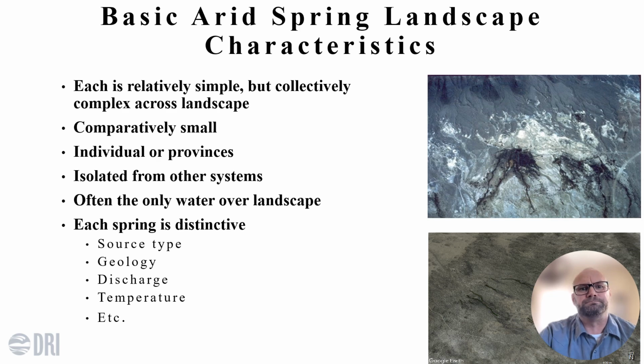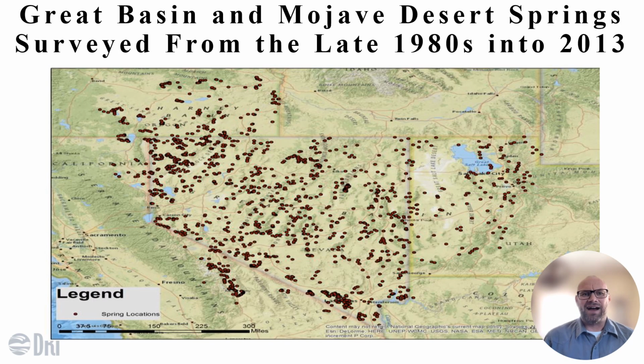So I'd like now to introduce some work by Sada and others of spring surveys conducted in the Great Basin into Utah and down all the way into the Mojave Desert, starting from the late 1980s into 2013. The map below is showing all these different locations that have been surveyed. A quick note is that there is not a standard protocol or sampling regime that has occurred for every single location.